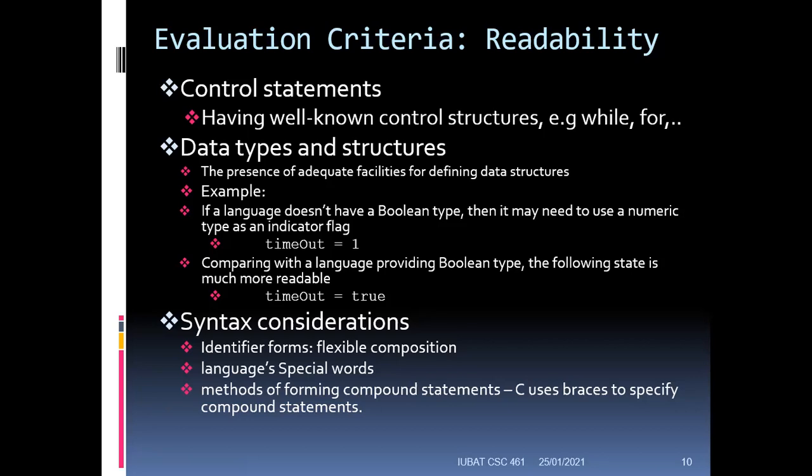People prefer to use if else. This is a well-known control structure. When you're using a loop, there are different loops: while loop, for loop, do while loop, for each loop. They are saying use for loop or while loop, because people are more familiar with them. These are simple examples, but that can be extended to other data types as well.